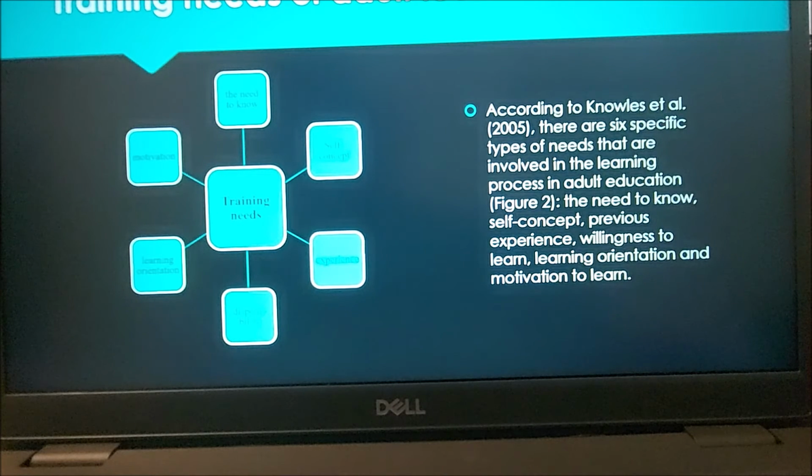The basic need of adults is to perform various tasks in the context of application in real life. As for motivation towards learning, adults are receptive to certain external factors such as a better job, higher wage, but the strongest motivators are internal, which are visible through the desire to increase job satisfaction, improve self-esteem.